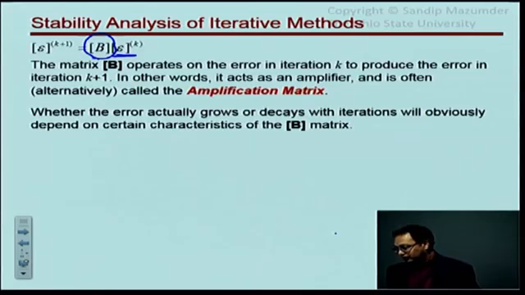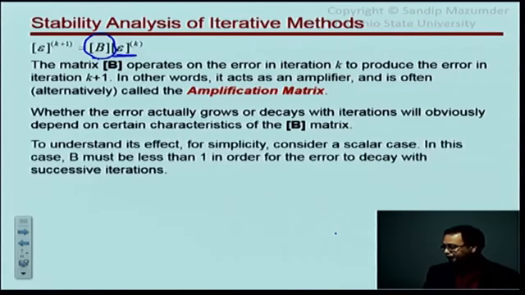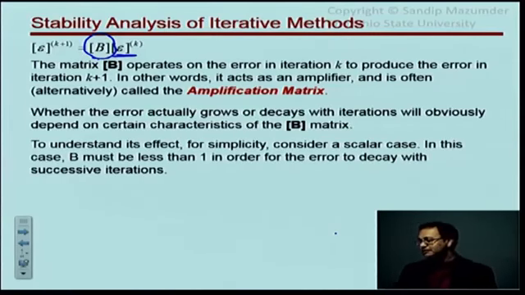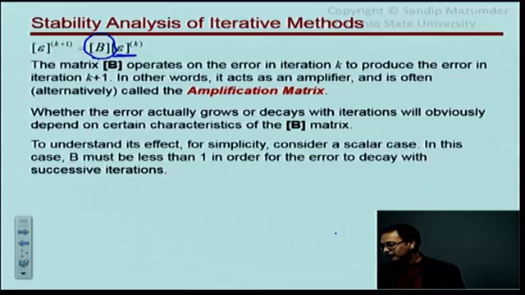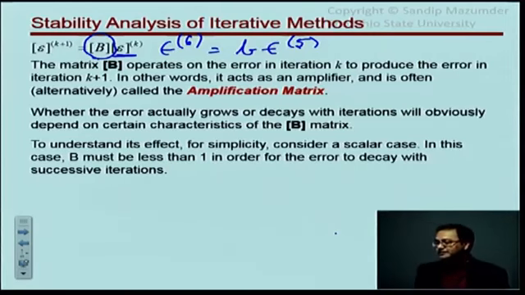Now, as I just said, whether the error actually grows or decays with iterations will obviously depend on certain characteristics of the B matrix. Okay. Now think of it as a scalar. Suppose epsilon is a scalar. So I have epsilon at iteration 5, and from that, I'm calculating epsilon at iteration 6, equal to some scalar b times epsilon at iteration 5. Now, it's pretty obvious that b has to be less than 1 for the error to die.